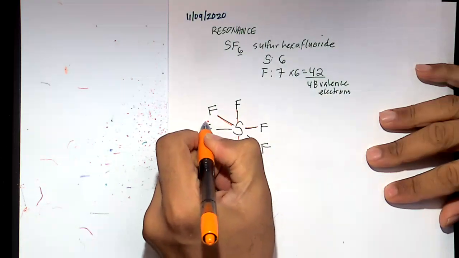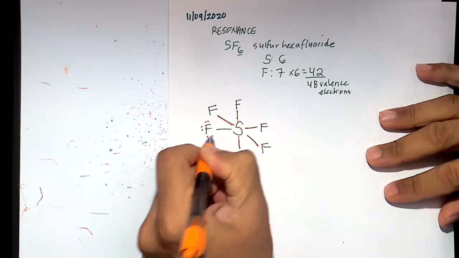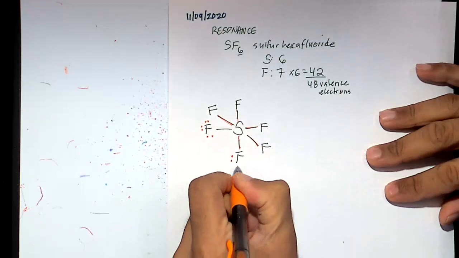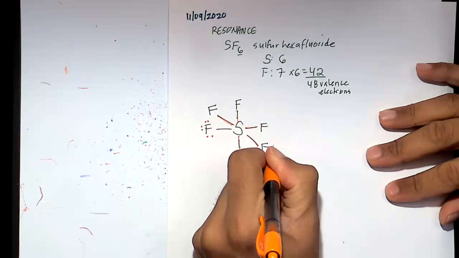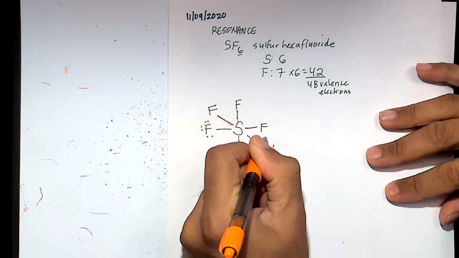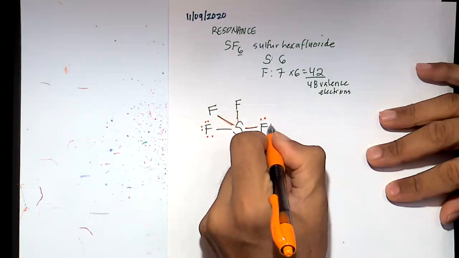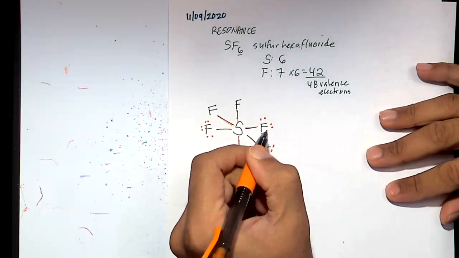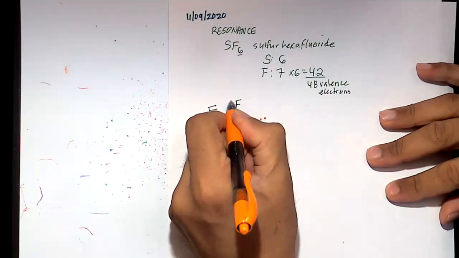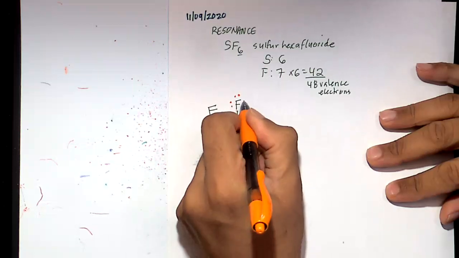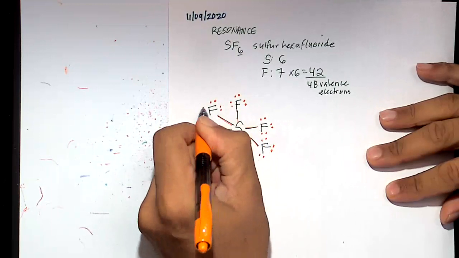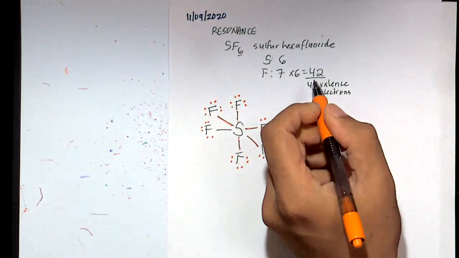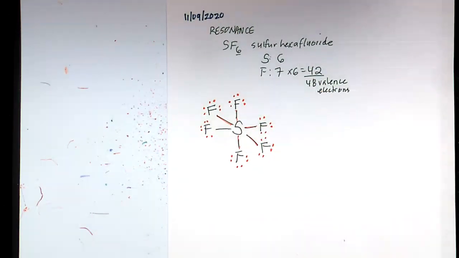Continuing up through 48. Now I have all my 48 valence electrons accounted for.